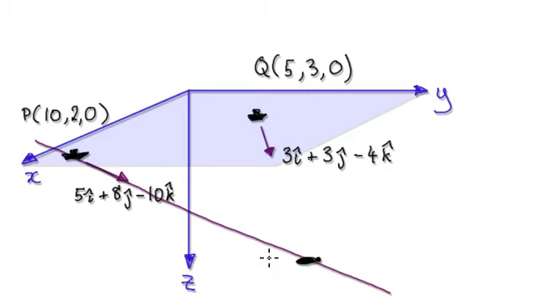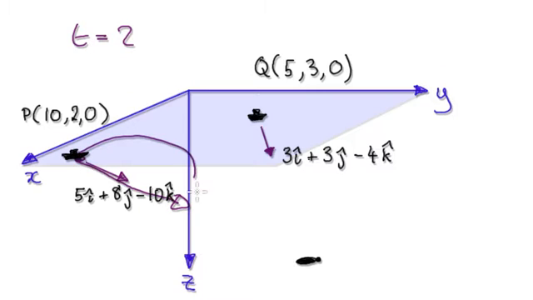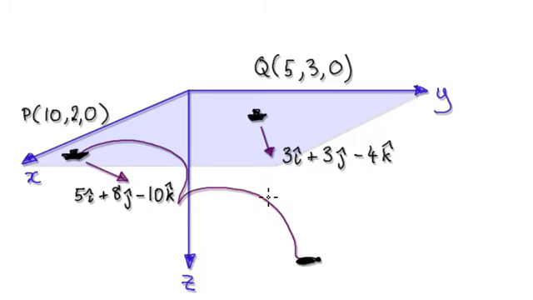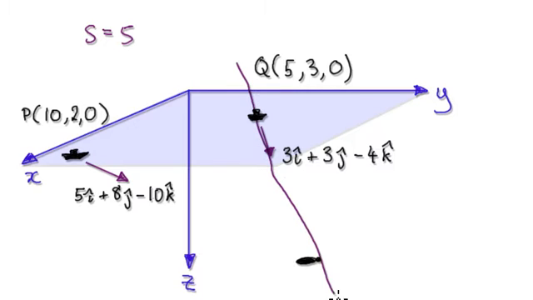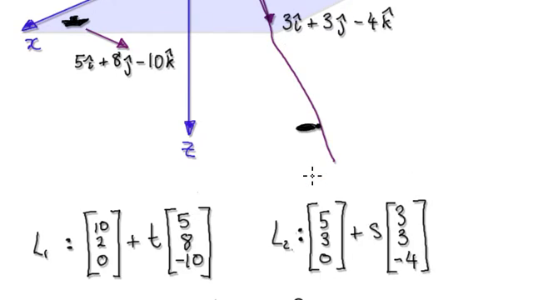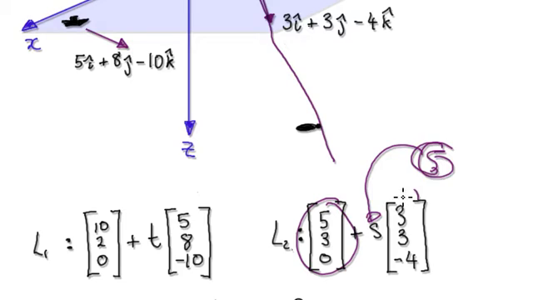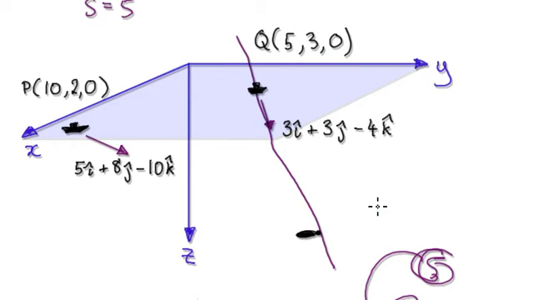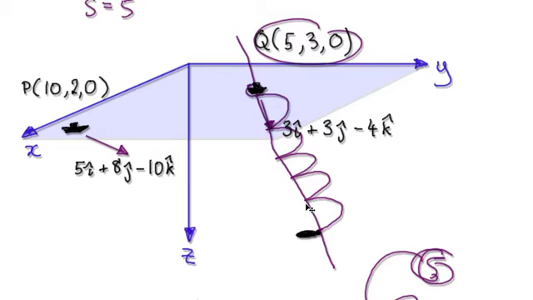So t equals 2 means 1, 2. That will then take us to here. And then s equals 5 means you put a 5 into this s here. So your starting position, and then 5 lots of this. So your starting position is here, and it's going to be 1, 2, 3, 4, 5. It will take you to the submarine.